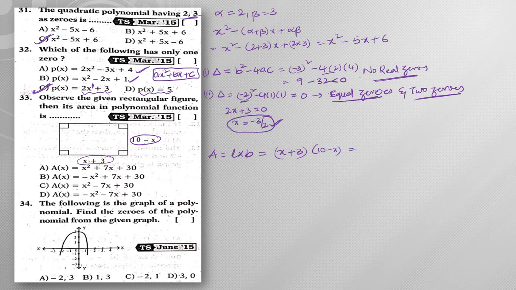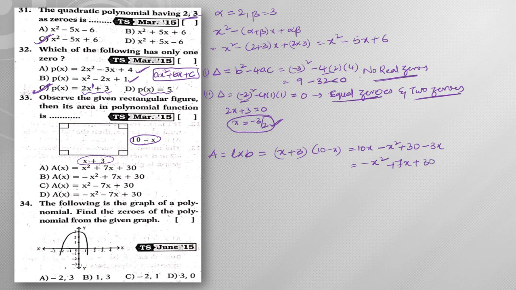On simplification, what I am going to get: 10x minus x square plus 30 minus 3x. On writing it in order, minus x square, 10x minus 3x is plus 7x, plus 30.